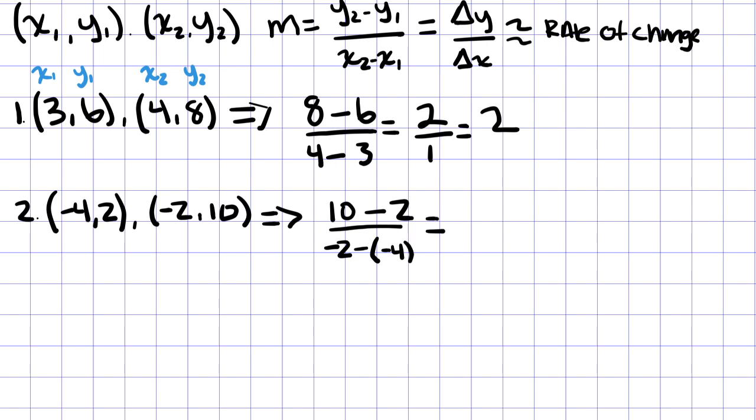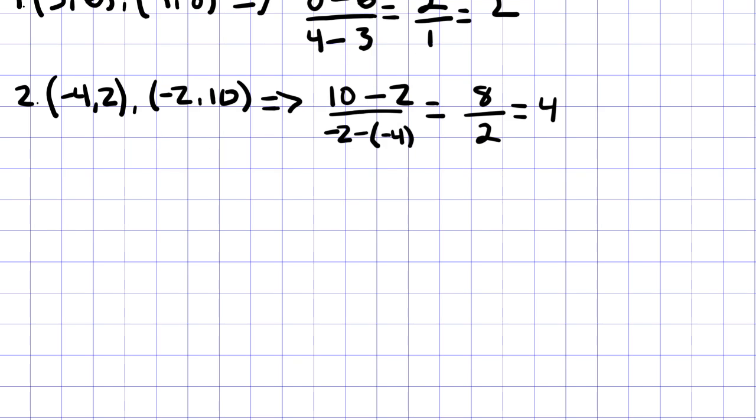Evaluating the numerator and denominator, you have 10 minus 2, which is 8, and minus 2 minus a minus 4, which is minus 2 plus 4, which is 2. So our slope is simply 4.